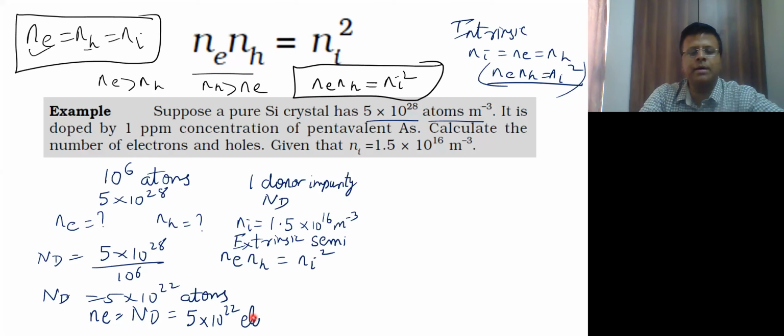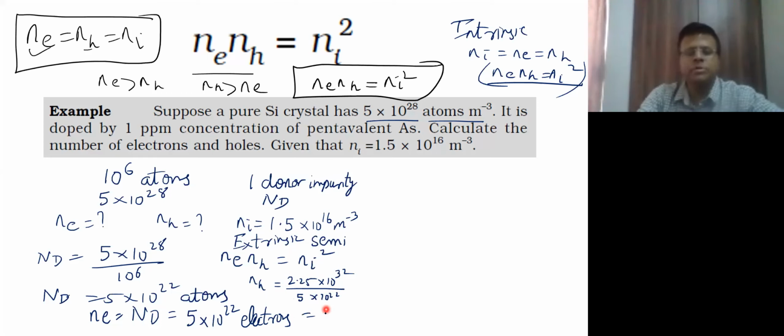तो ये पहला डेटा मिल गया. अभी दूसरा वैल्यू आप यहां से निकाल सकते हैं NH का. So NH equal to this one, I think this is 2.25 into 10 raised to 32 divided by this value 5 into 10 raised to 22.